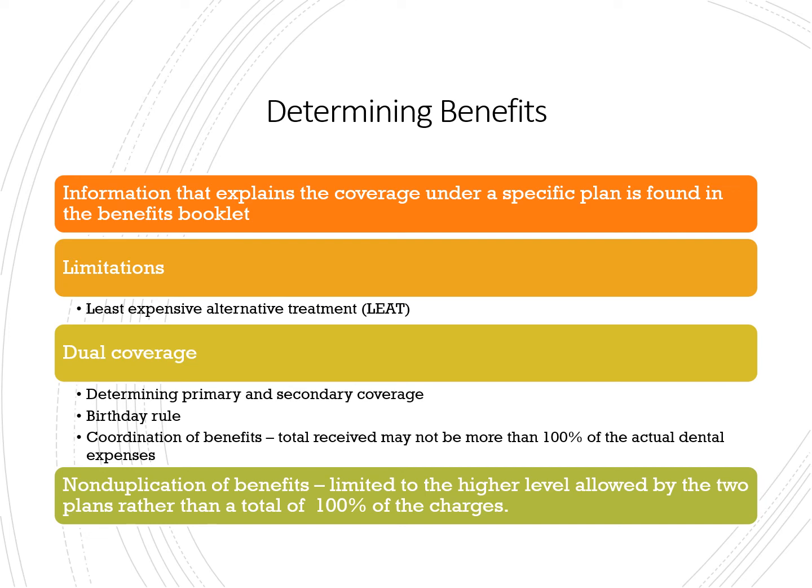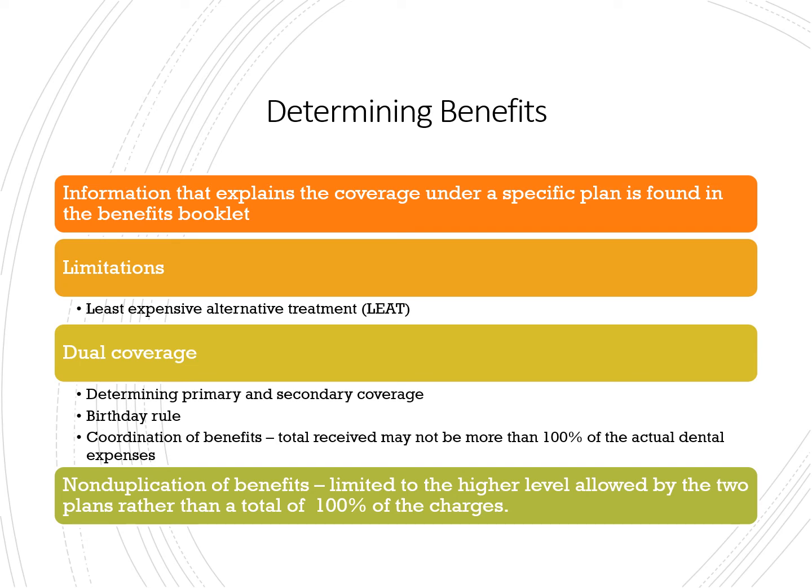For example, let's say a husband and wife both have insurance, and her birthday is January 31st and his is March 10th. Her insurance would be considered the primary, and his insurance would be considered the secondary.